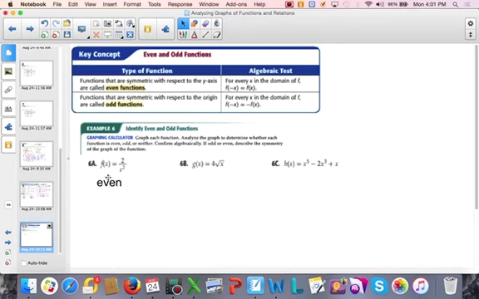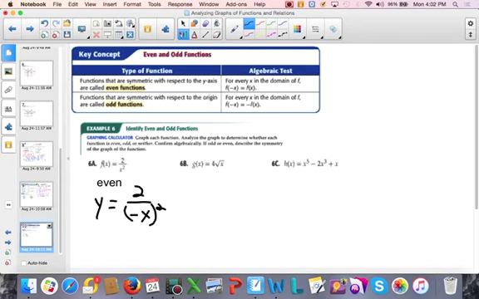They want us to confirm that algebraically, of course. Well, remember what that means. If I take y equals 2 over negative x squared, I should end up with the exact same equation. Well, negative x, quantity squared, is just x squared. That 2 I'm not doing anything to, so yes, it is the same equation. And it's asking if it's odd or even to describe the symmetry of the graph of the function. It is symmetrical over the y-axis.